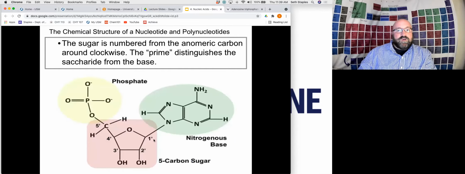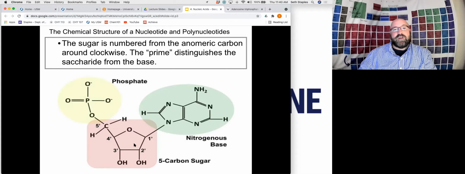The sugar we do number from the anomeric carbon going around clockwise, and we'll see why some of this numbering is important as we go on. We do typically number the sugar with a prime in case we also need to number the nitrogenous base, the carbons and the nitrogens in our base.